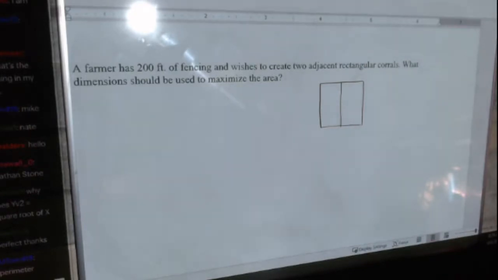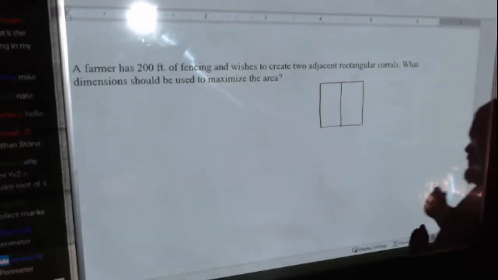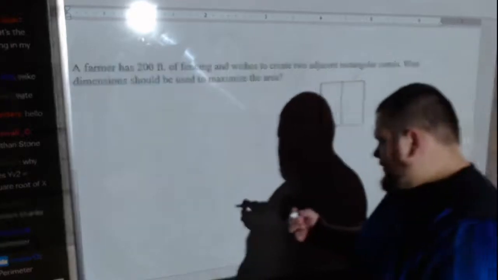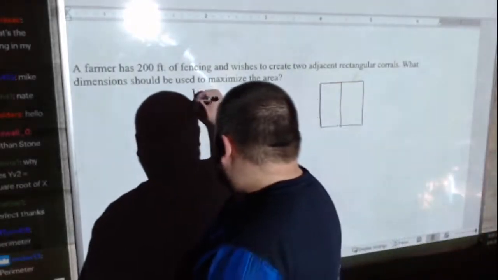Anybody else want to chime in? So I guess everybody else is away from their computer. Oh, there we go, there's another answer. So yes, that is the perimeter.